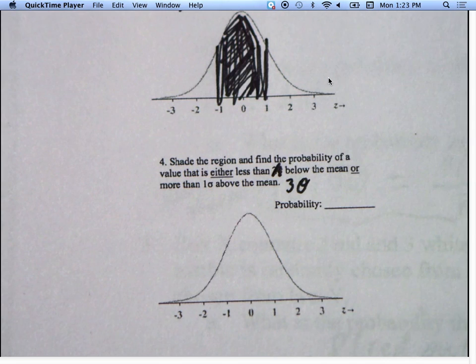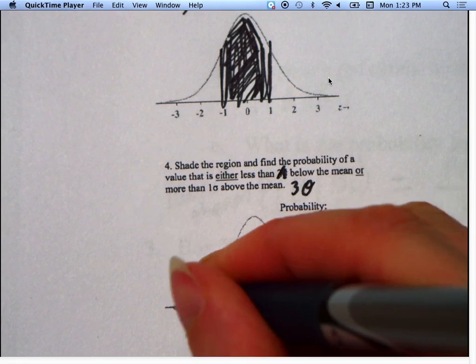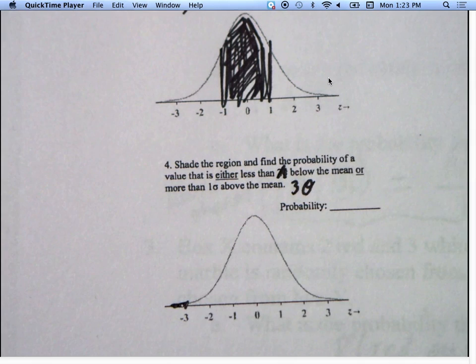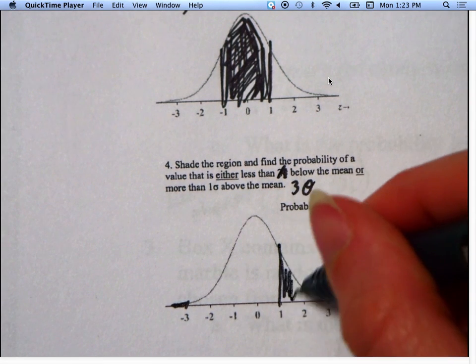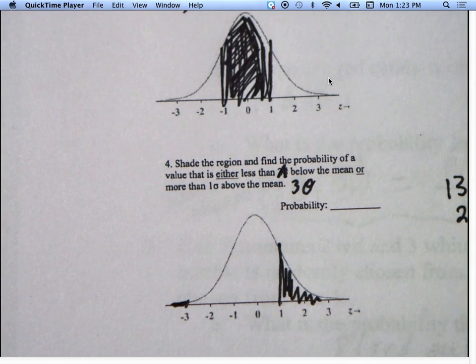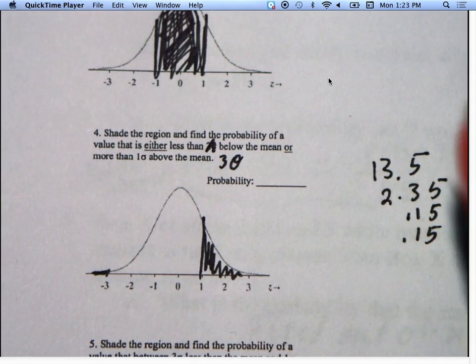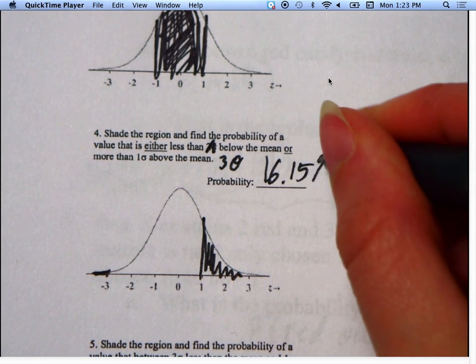All right, what did we get, guys? 13.6. All right, hold on. I get below 3, right? And I get above 1. And when I add that up, I get 13.5 plus 2.35 plus 0.15 plus 0.15, which gives me 16.15%.